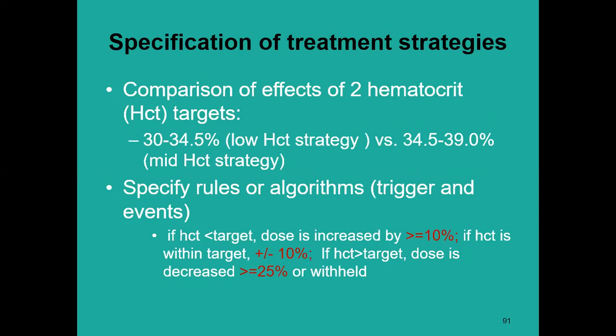For example, if the observed hematocrit is, for example, 29, and the patient received a dose that is increased by 10% or more, this patient is clearly following two treatment strategies, because the observed data of this patient is consistent with both pre-specified treatment strategies, low hematocrit and mid hematocrit, that we want to compare.